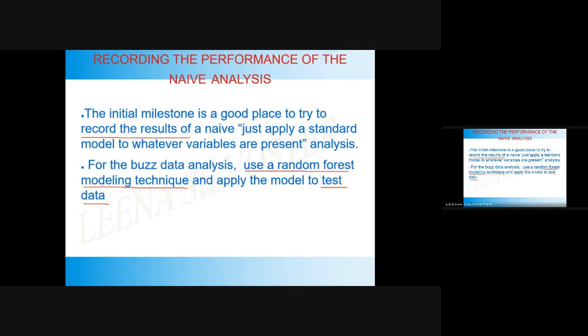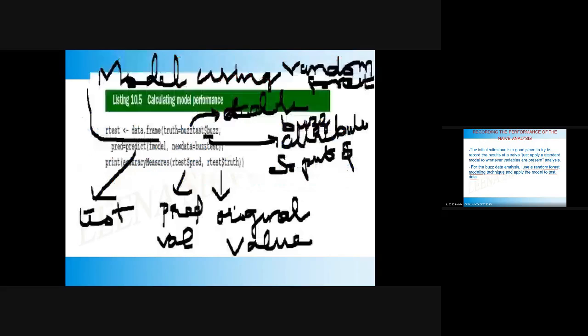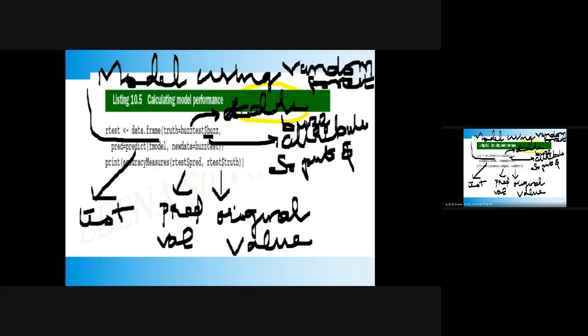For example, in the bus data analysis, we can use random forest modeling and apply the model to test the data. So this is an example. Actually, this is modeling using random forest, and this one is the table. This bus test is the table, and bus is an attribute, so we put a dollar here.